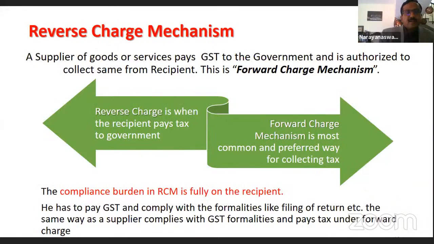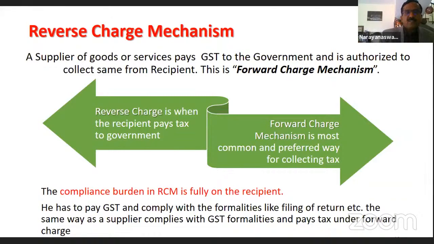In fact, there is a concept called reverse charge mechanism. This is also one of the measures to help the MSME sector. There are small people who cannot register and pay the taxes, follow all the procedures. For example, if there is an advocate, if he is giving consultation to a company, the company will have to pay the tax on that on receipt of the services, and the advocate need not pay if he is a smaller person, not registered, and things like that.